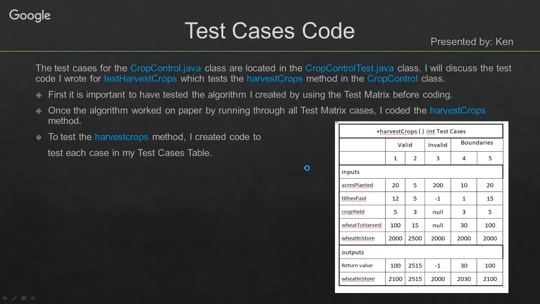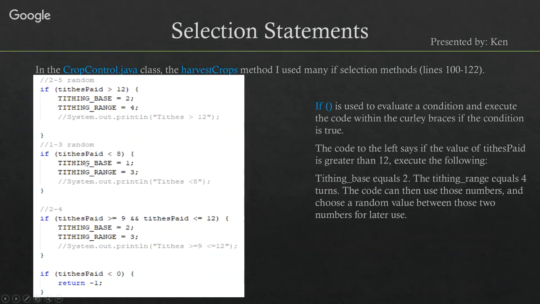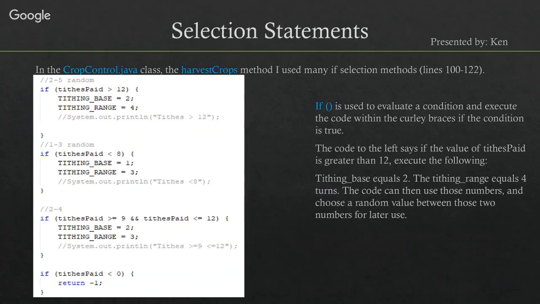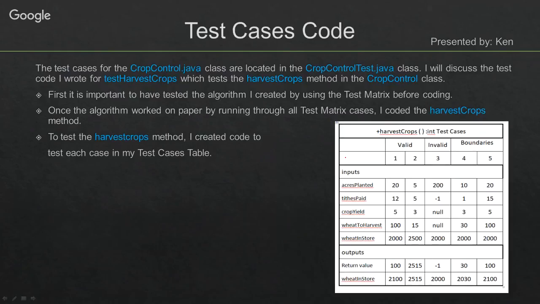So keeping that, yeah, is that the basis? So we're starting at 2 and we're going up 3, right? So 2. Yeah, exactly. 2 to 5 is essentially. Yeah, okay. Exactly. So basically, keeping that in mind, the base and the range in this test case, if you have these in your test cases, acres planted 20, let's say your tithes paid was 12, and your crop yield would be a random number, let's say 5.